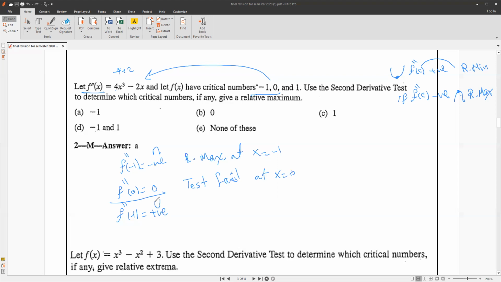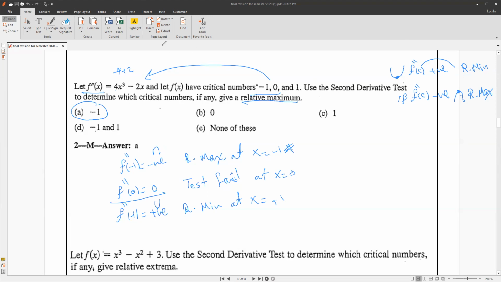This means the curve is concave upward, so we have a relative minimum at x equals 1. He asked you to find the relative maximum, which is at x equals negative 1. Our choice is part A.